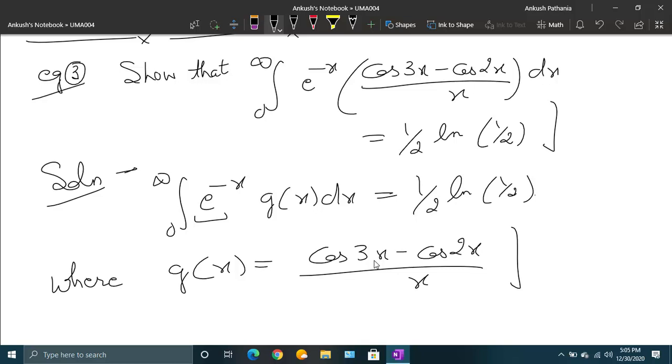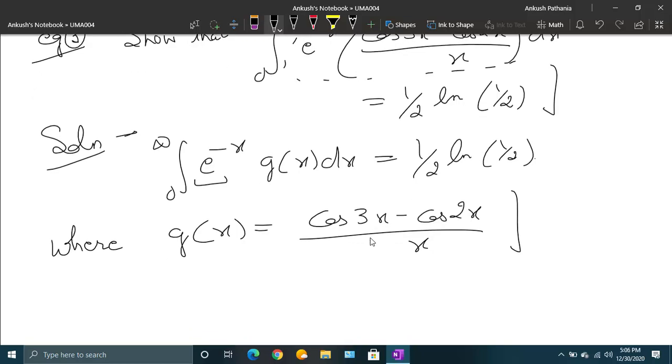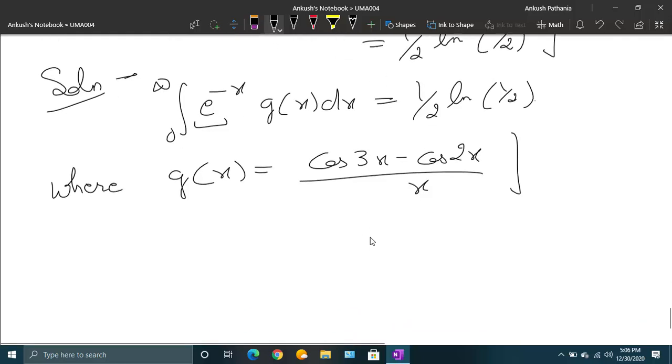Otherwise we can also include this whole function as g(x), and while comparing with the definition of Laplace we put p equal to 0. But since it is given in the form e raised to minus x, let it be separated, as we can compare it directly with e raised to minus px, p equal to 1.